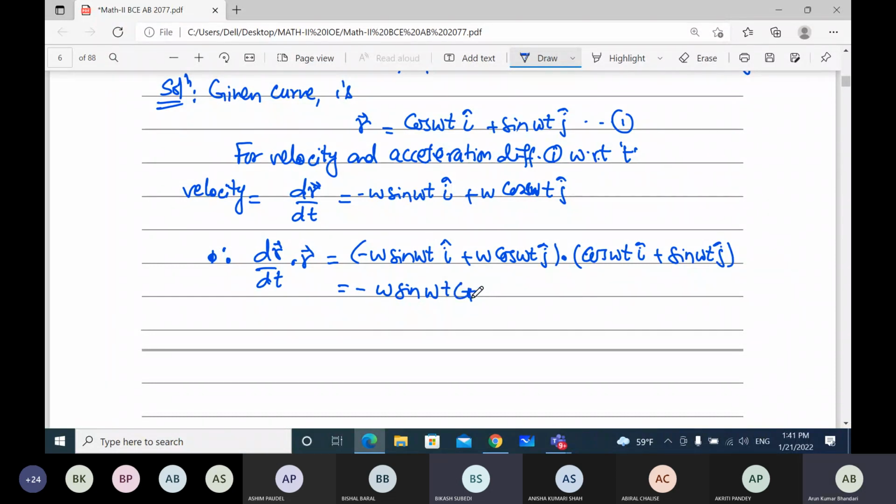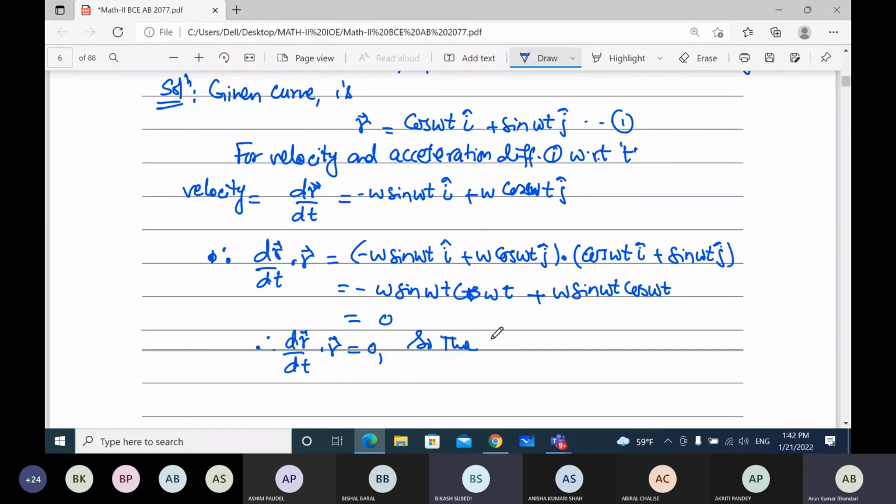Minus omega sin omega t cos omega t plus omega sin omega t cos omega t, and these two being positive and negative, they cancel each other. Therefore velocity dot radius vector is equal to 0.